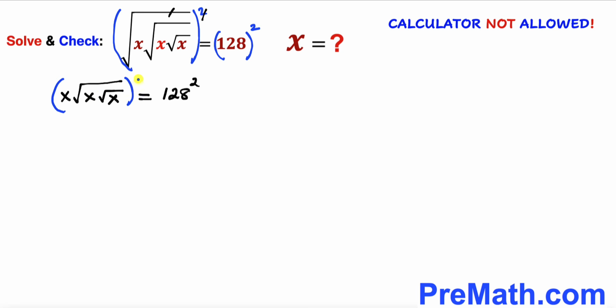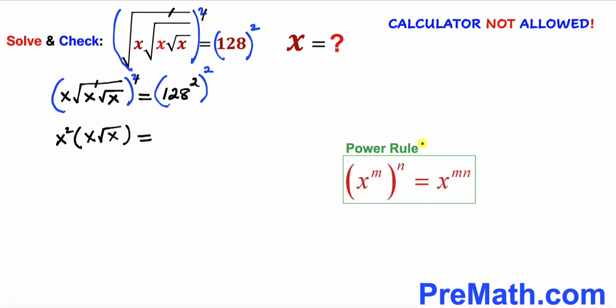We're going to take the square on the left hand side and on the right hand side as well. Here we can see square and square root undo each other. So the square of x gives us x square, and then we have x times the square root of x equals, and now let's recall this power rule of exponents.